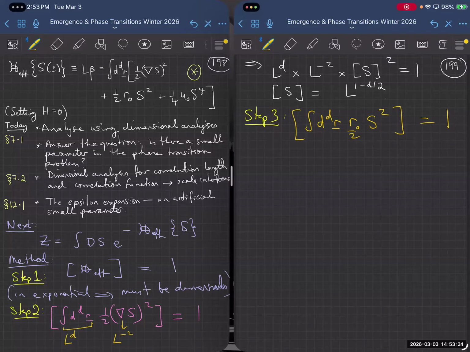What that means is that the integration measure has dimensions L to the d. This term here, s squared, is L to the 1 minus d over 2, but then it's squared. And then in the middle, I have the dimensions of r naught, which I don't know, and that has to all equal 1.